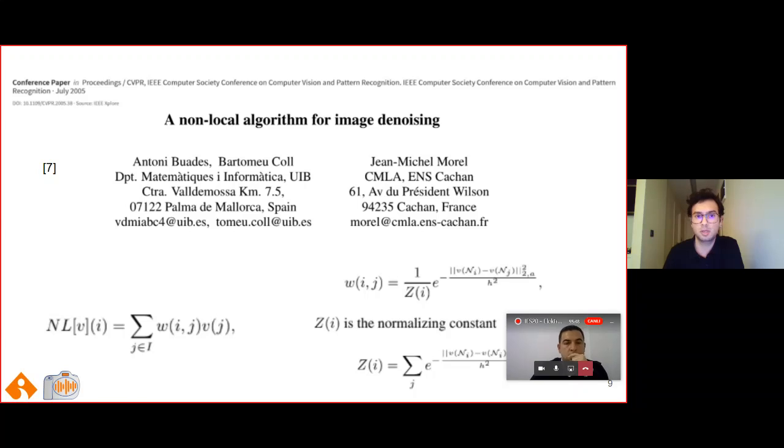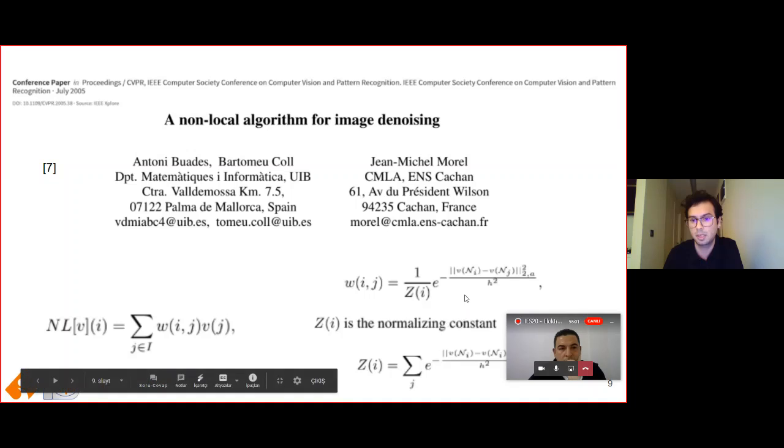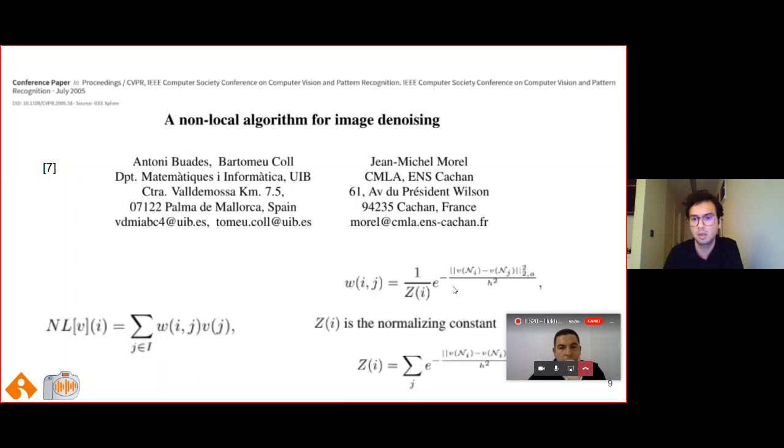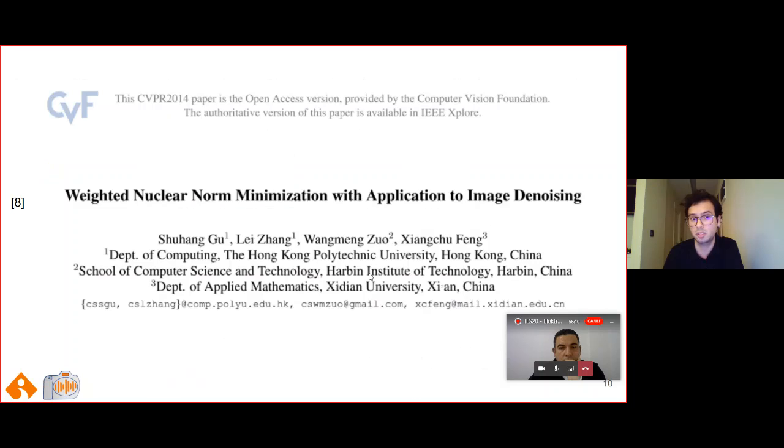The other one, as I mentioned before, is the non-local means algorithm of Buades. It's a very common and well-known algorithm. As I said before, they are using decaying exponential terms for the penalty about the intensity and the spatial difference, and this method also uses patches here.